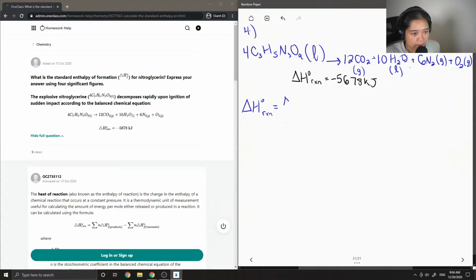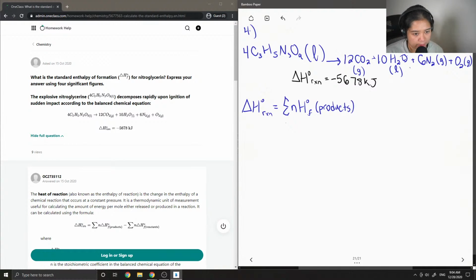So this is equal to the sum of N times the enthalpy of formation of our products. N corresponds to how many moles there are of each substance.